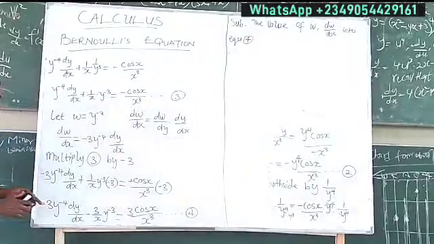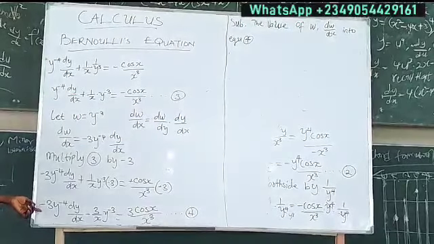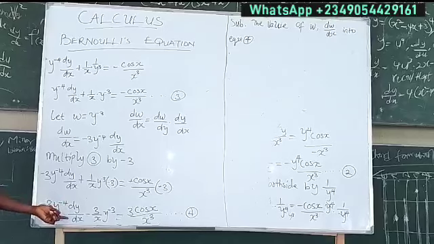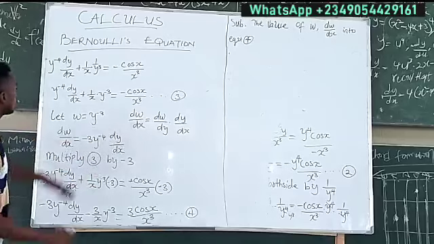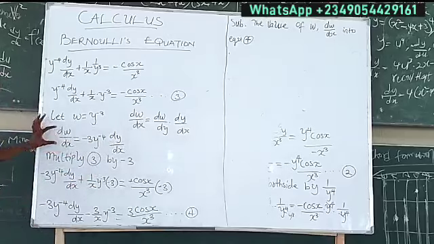From equation 4 we can see that our minus 3y raised to power minus 4 dy all over dx is equal to dw all over dx.